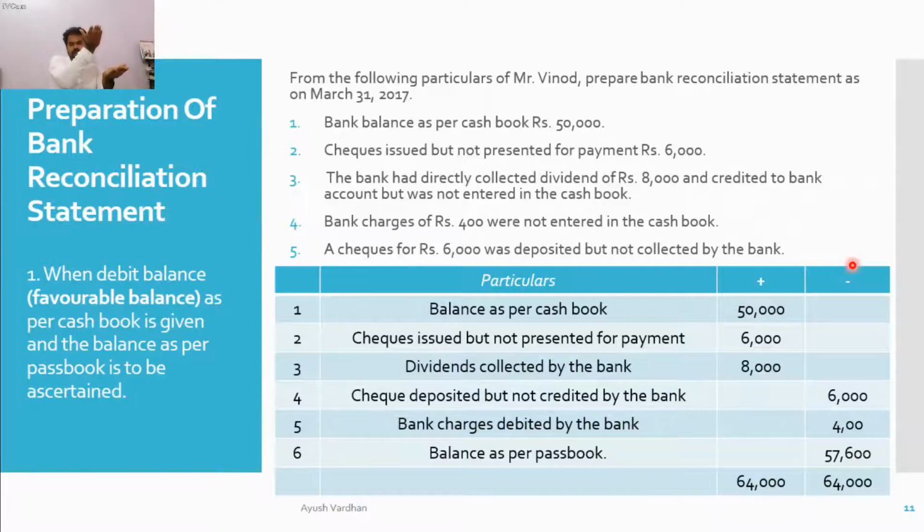Now that 6,000 is plus, but that has not yet been cleared by the bank. Okay, so the bank is still at zero. So the passbook is zero and the cash book plus 6,000. In that condition, the passbook is the target and that is negative here for the first time.